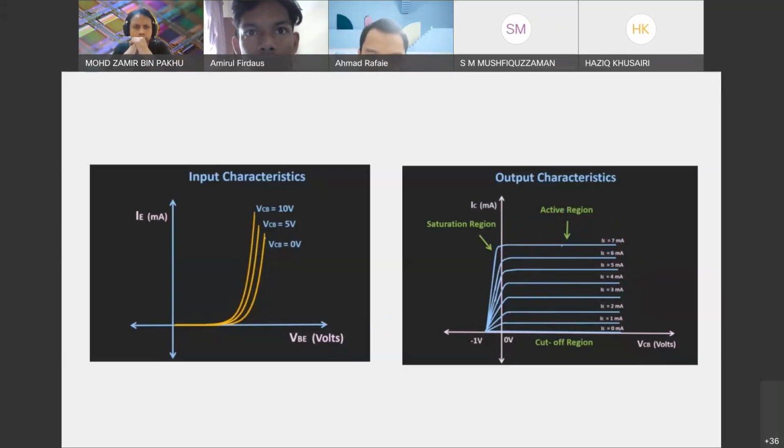The output characteristic defines the relationship between the collector current, IC, and VCB.